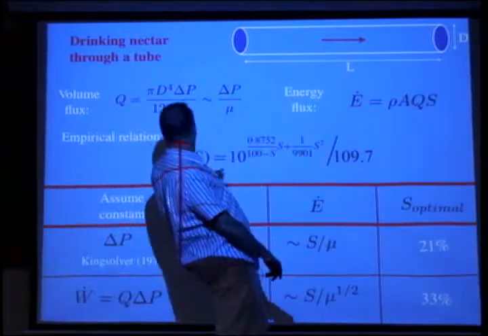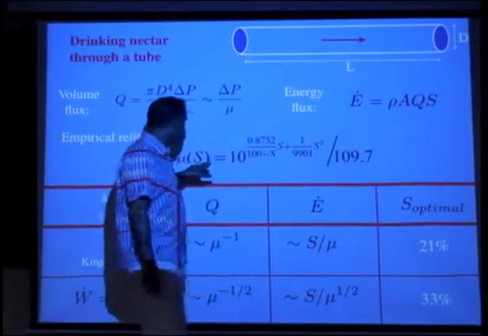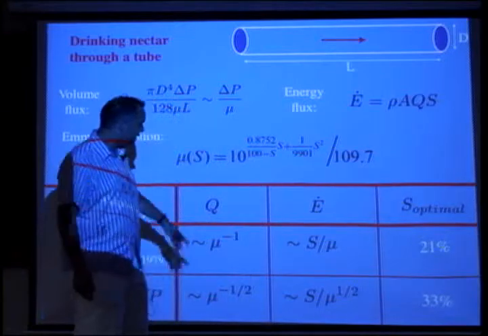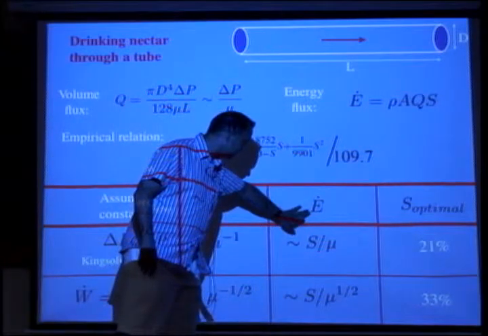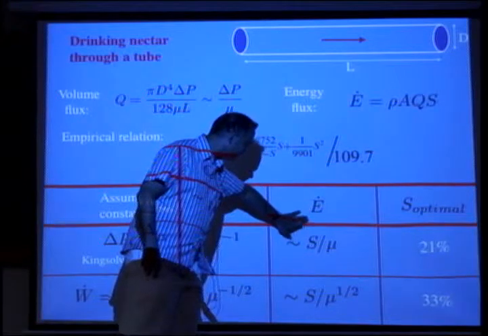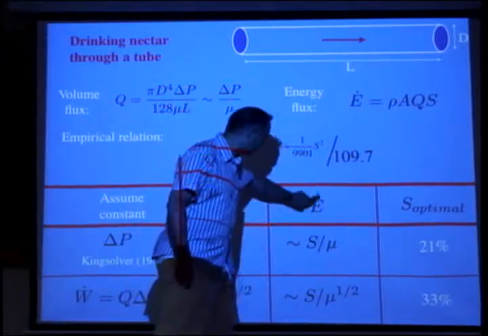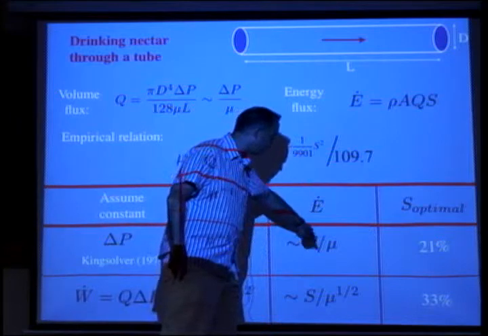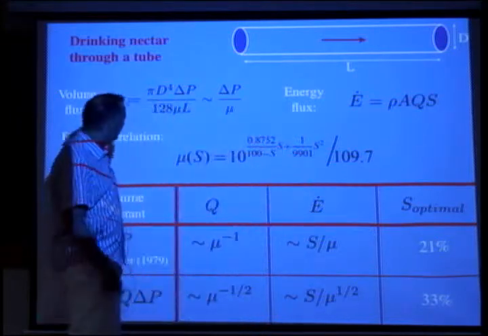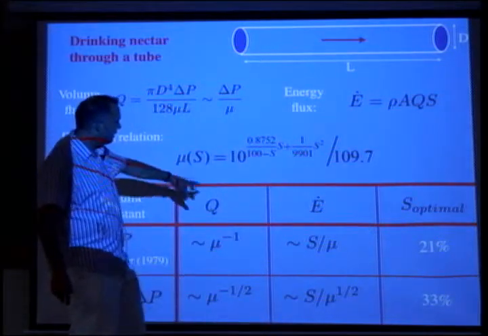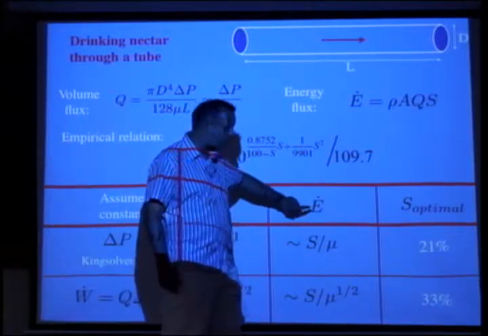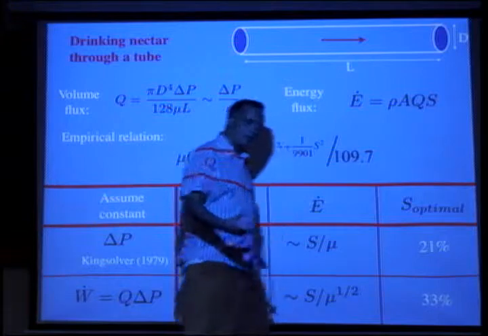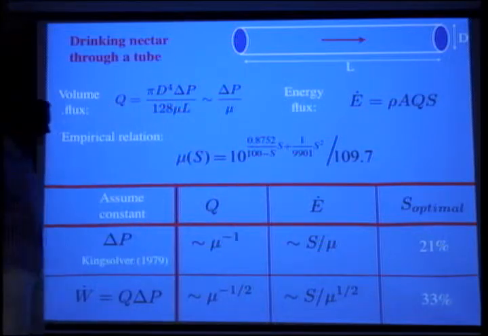Then you have to use this awful relation for the viscosity, and you find that the optimal concentration, for which this has a maximum, is around 21%. This is low. It's not consistent with the data.